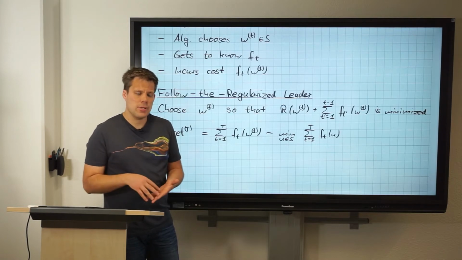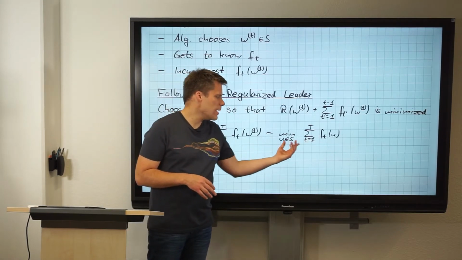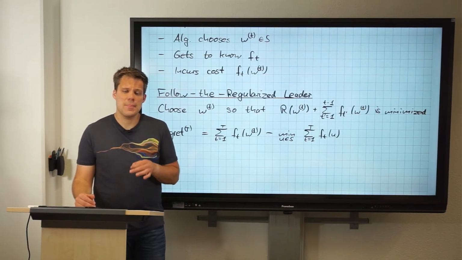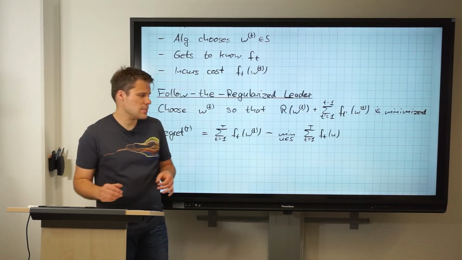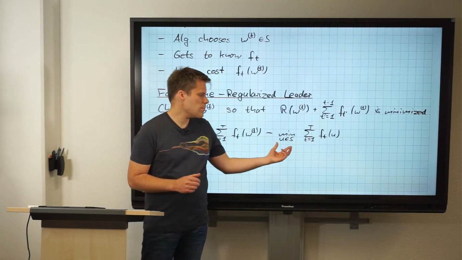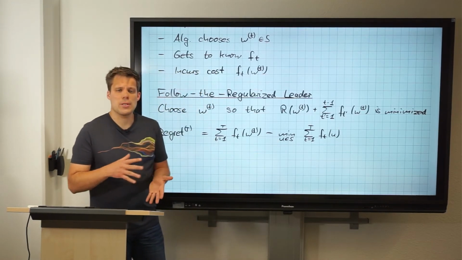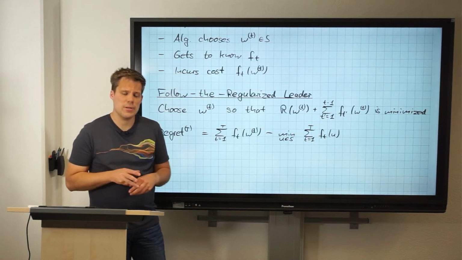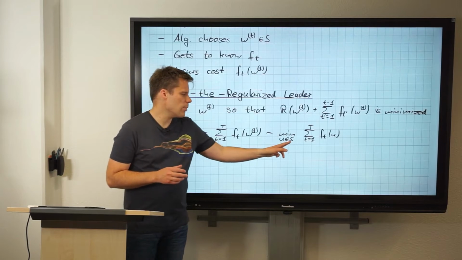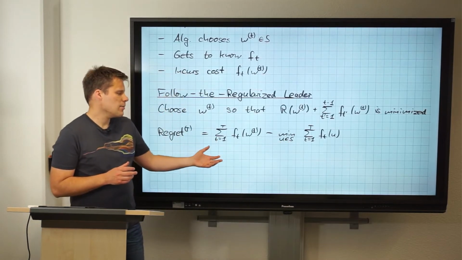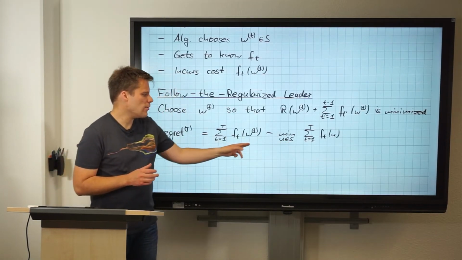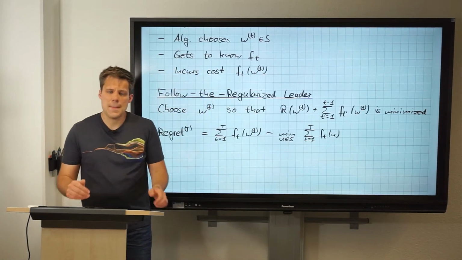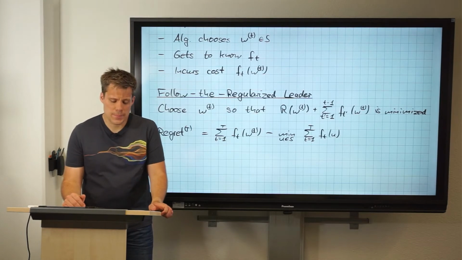As before, we were talking about the best single expert. Now we're talking about the best single point in the set S. What is the cheapest point that we could use for the entire sequence? Not a sequence where we choose a different point in each step, but the same point in every step. And the question is, how much worse is our algorithm's performance than the performance of this best single point?